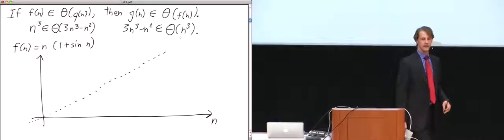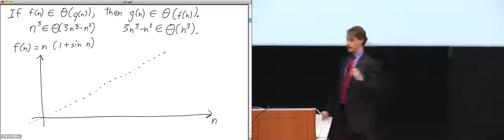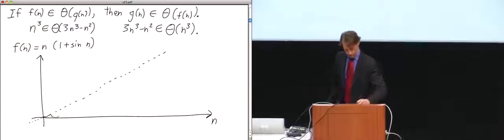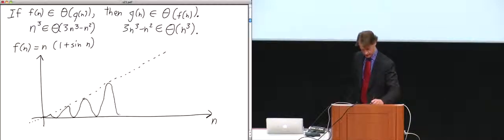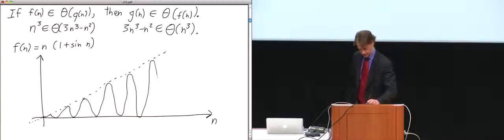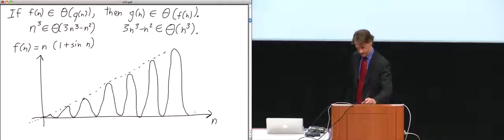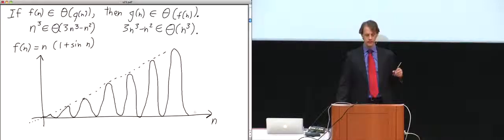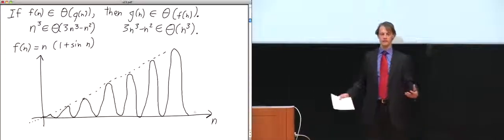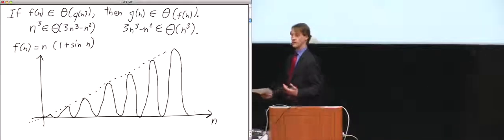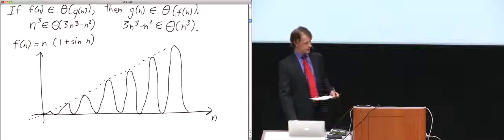The function f of n equals n times (1 plus sine n) has the behavior that it keeps oscillating back and forth between 0 and a linear line. And it will revisit 0 an infinite number of times. So this is an example of a function that isn't really asymptotically going towards some normal simple function.